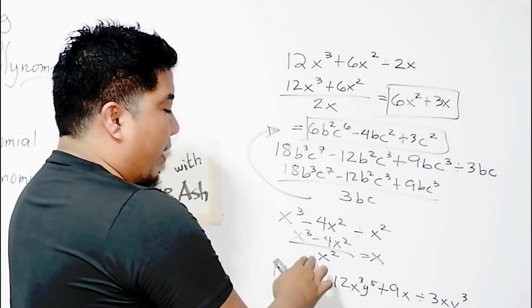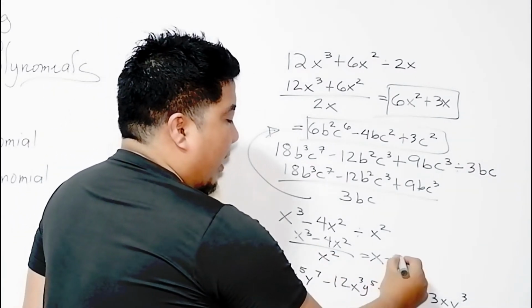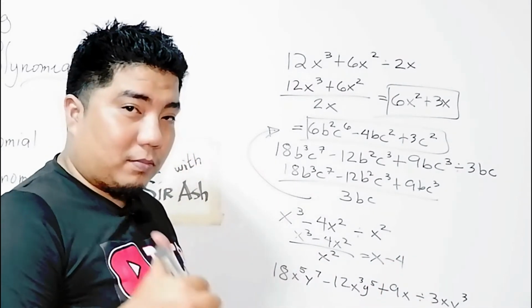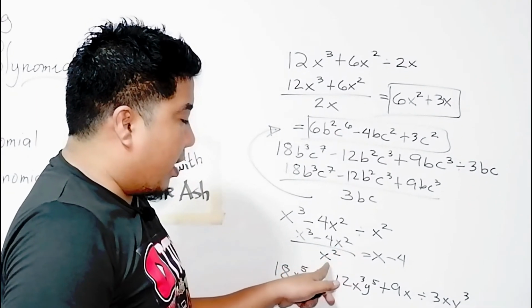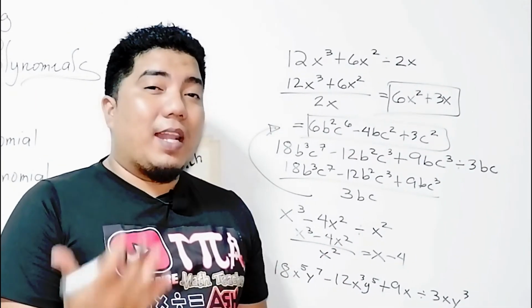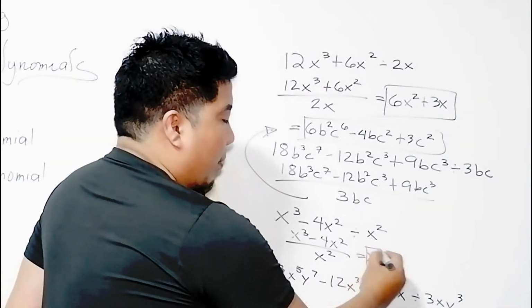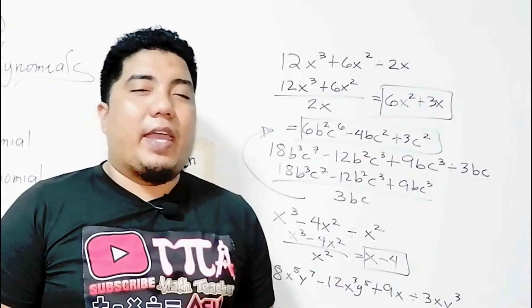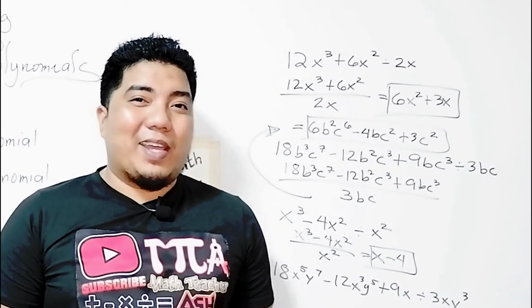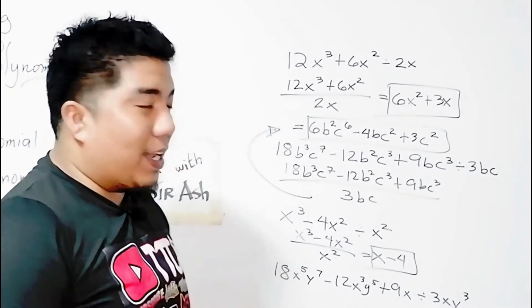So, negative 4 divided by 1, that is negative 4. X squared divided by x squared, they will cancel out. So, therefore, no x squared will be left. And this is my final answer, x minus 4. Easy, right? Now, let us go to the final example.